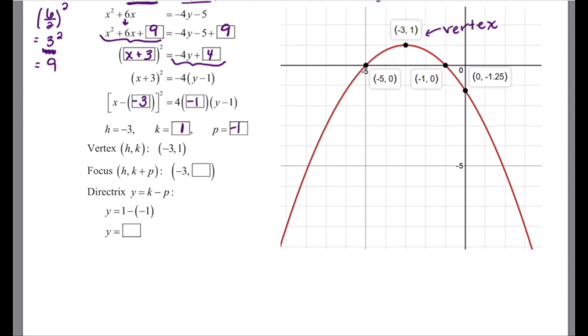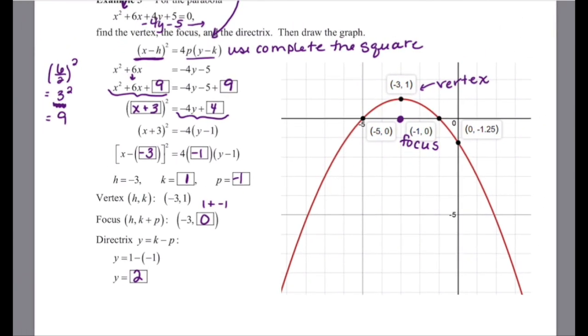So 1 plus -1 gives us 0. So (-3, 0), even though it's not listed here, is our focus. And our directrix is y equals k minus p. So 1 minus -1 is 2. So y equals 2 is our directrix. So we would have a directrix here.